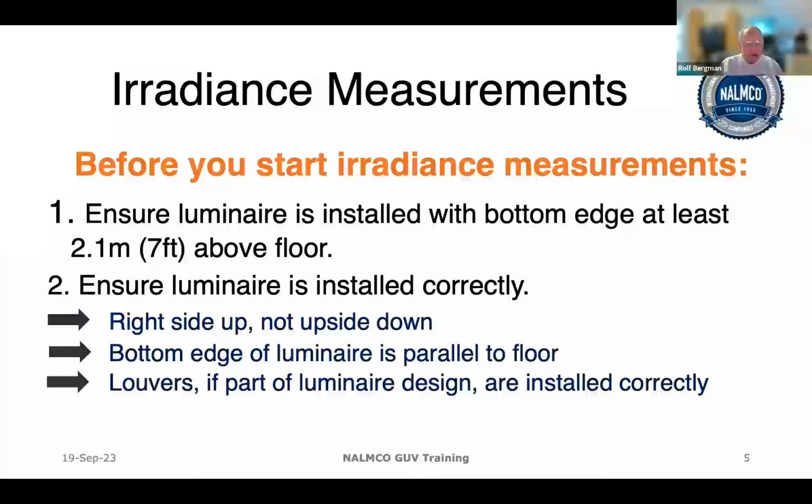It can be higher, but normally it's exactly 7 feet. Make sure that it's installed correctly. There have been cases where luminaires have been installed upside down. That leads to all kinds of difficulties, in measurements included. And make sure that the bottom edge of the luminaire is parallel to the floor. There may be adjustments on the luminaire with which you can make sure that this happens.